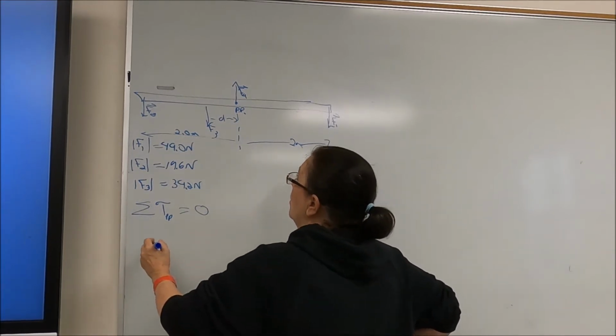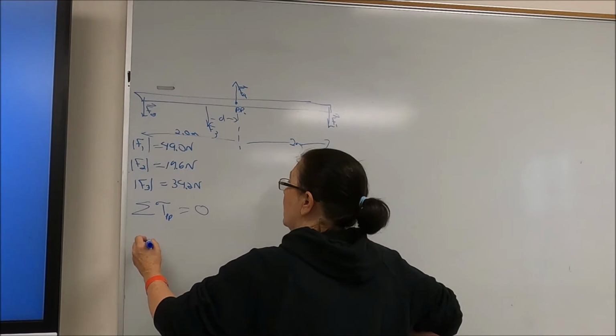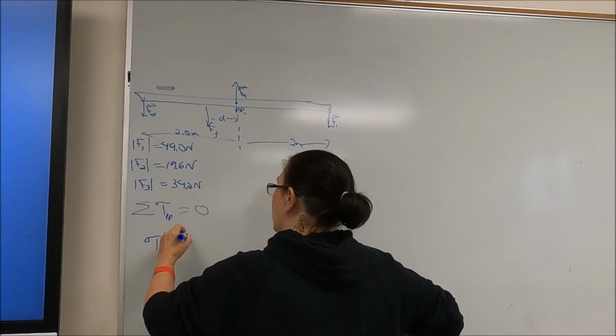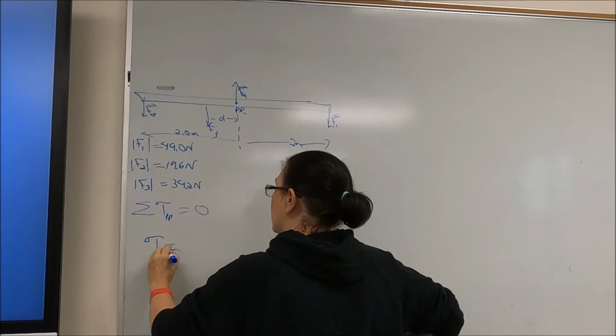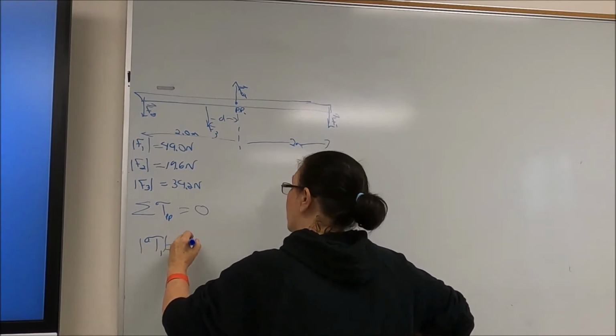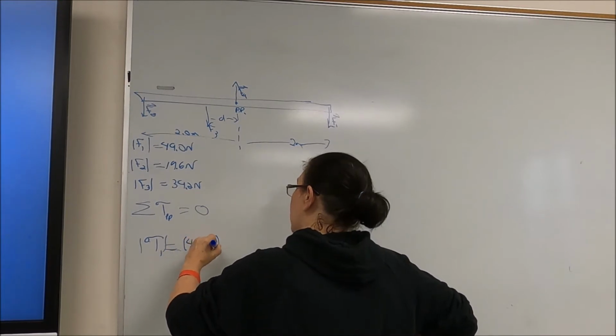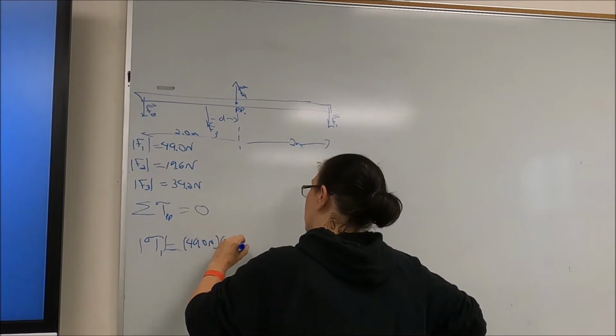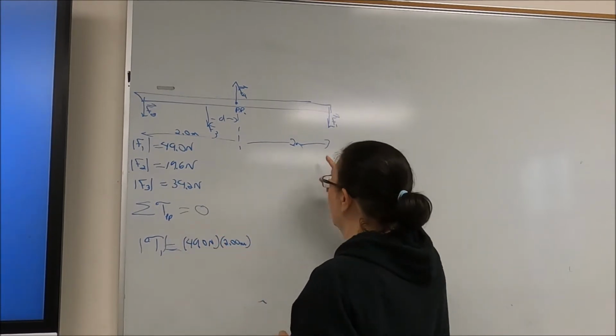Okay? So if I start looking at this, then I've got a torque 1, which is going to have a magnitude of 49 newtons times 2 meters.